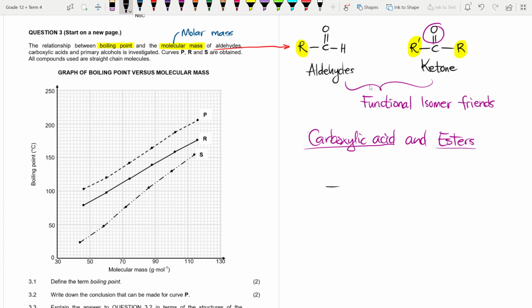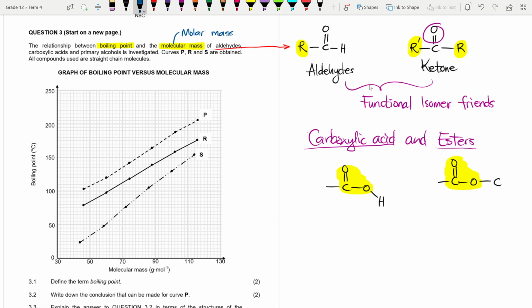A carboxylic acid will look like this, double bond O, and then there's OH at the end, and esters will be double bond O, and then there's actually O, and the chain continues like that. So you can see that we can move this double bond O and oxygen around, and we can have another different molecule. That's why we call them functional isomers.